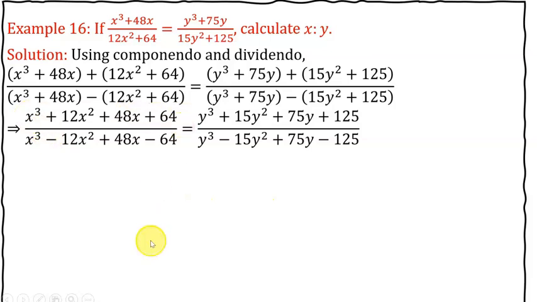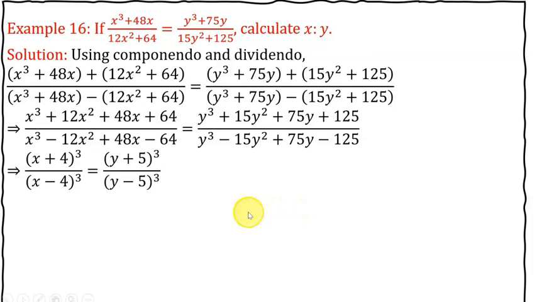And now here is (x plus 4) whole cube divided by (x minus 4) whole cube. And what about the right hand side? (y plus 5) whole cube upon (y minus 5) whole cube.